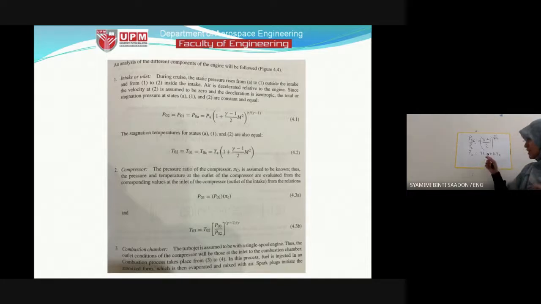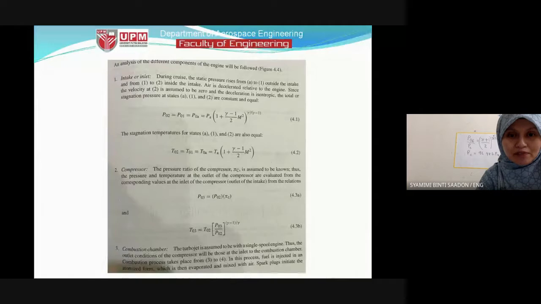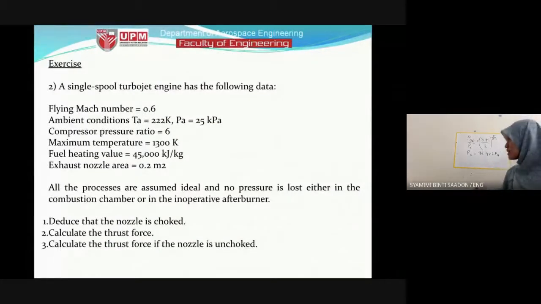The critical pressure PC is 96.48 kilopascal, and if we compare it with the ambient pressure, PA, which is given as 25 kilopascal, we see that PC is higher than PA. Thus, this means that the nozzle is choked.